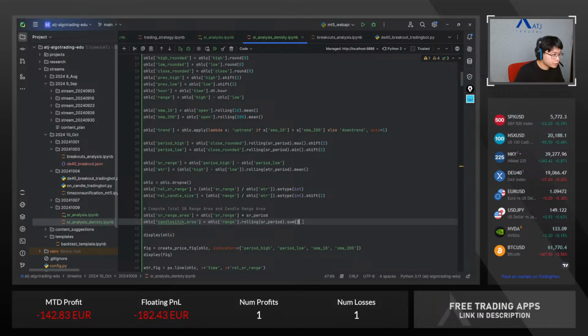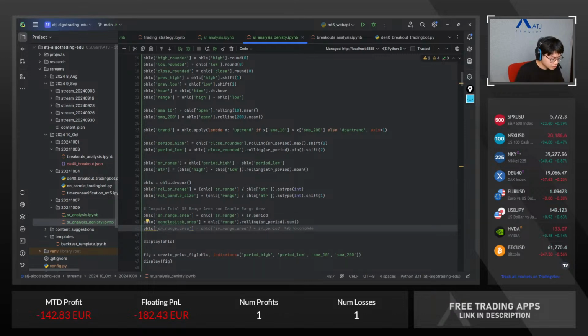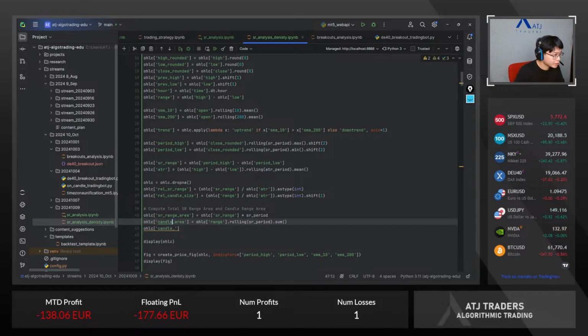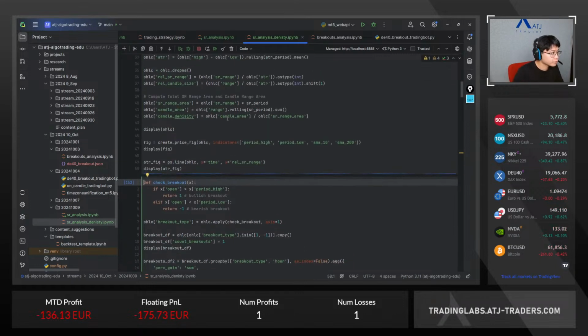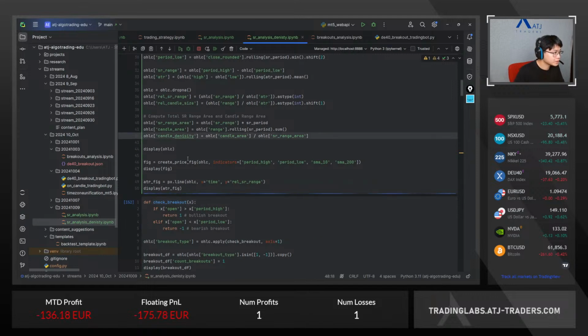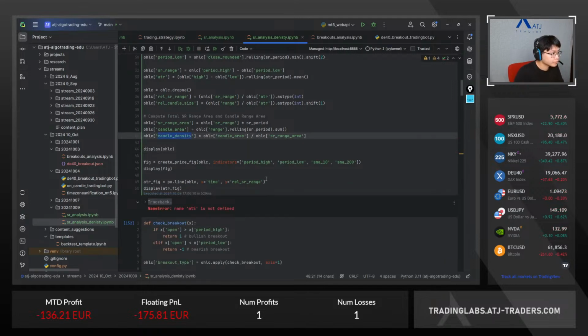And then what we can do is candle density. Let's just call it candle. It's shorter, and you guys know. So candle density is equal to, and we just take the candle area divided by the total area, and as a result, we will get the candle density. Oh, I need to start everything again.